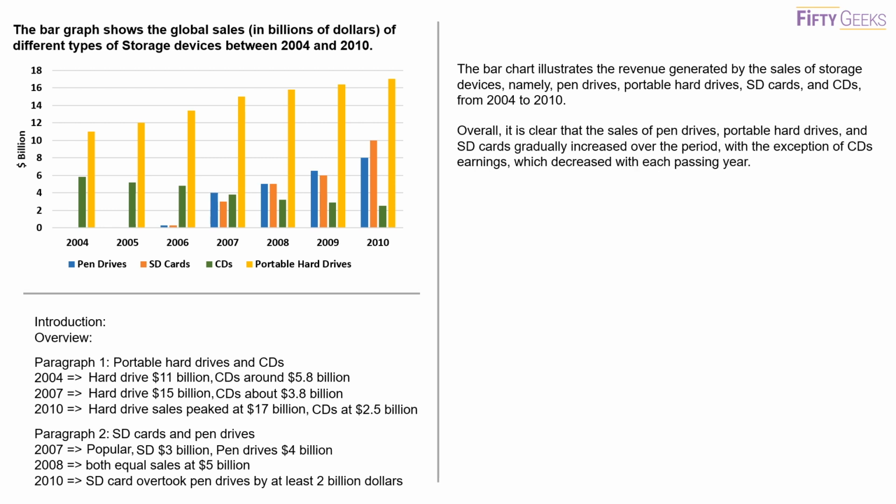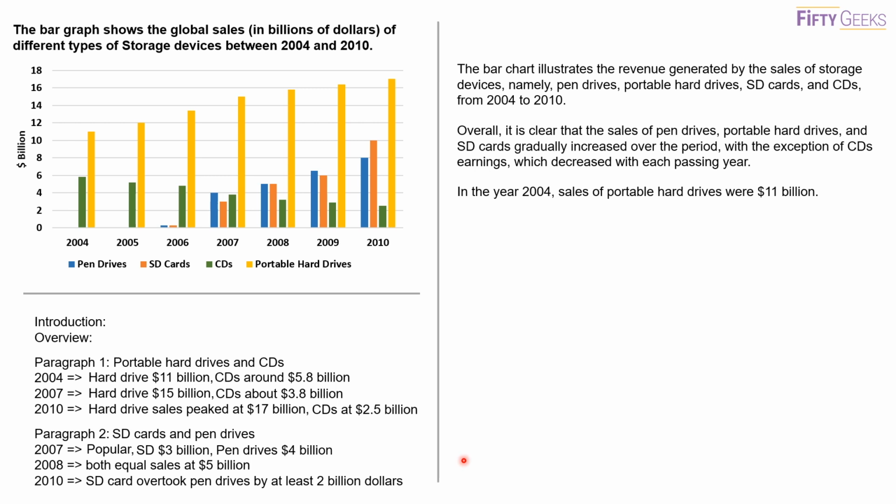Now I will take reference from the draft and start explaining the body paragraphs. Firstly, I will write about hard drives, where the sales were $11 billion in 2004, $15 billion in 2007, and $17 billion in 2010. I will write, in the year 2004, sales of portable hard drives were $11 billion.